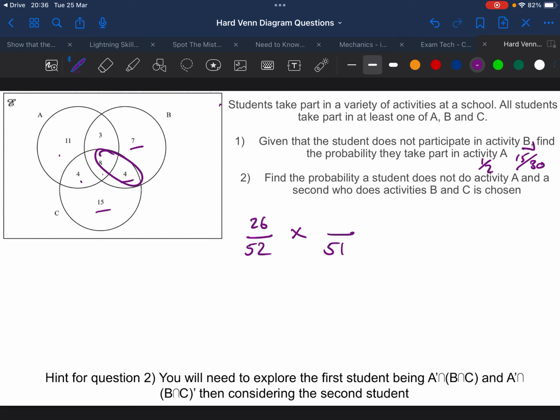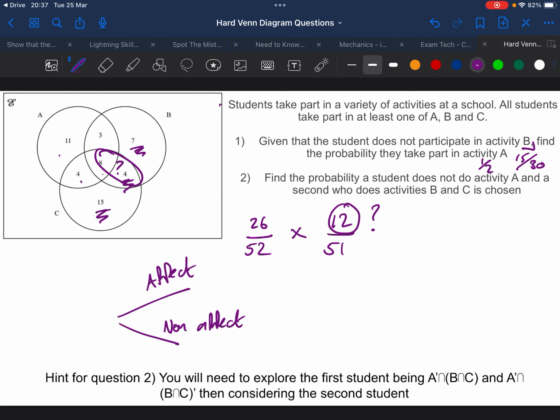The other part, which is more of a problem than you might have first thought, is that when I picked one of these students, we don't know if that student is still around. So we're going to have to consider that the first student does not affect the probability of the second, and that the student also does affect.